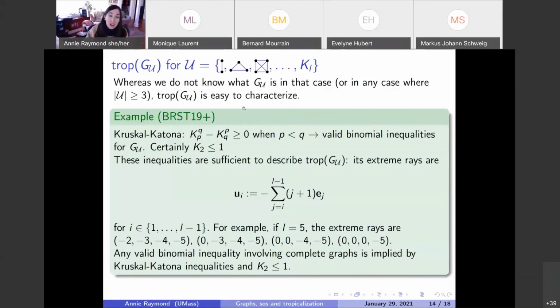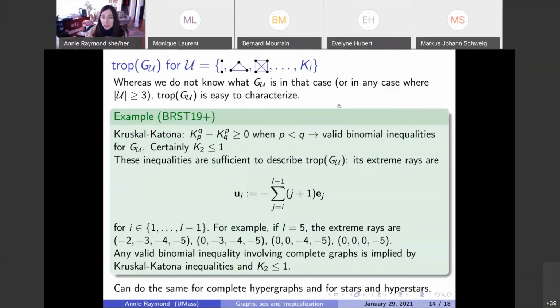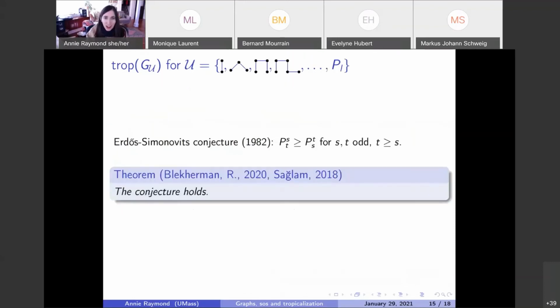In the case of the tropicalization, we can do it for examples with however many graphs as you want in certain cases, like complete graphs or complete hypergraphs and stars, complete hyperstars. Greg and I are working on paths. We're hopefully getting close. You can use that to actually solve problems in extremal graph theory, because as I was saying, a lot of them involve only binomials.